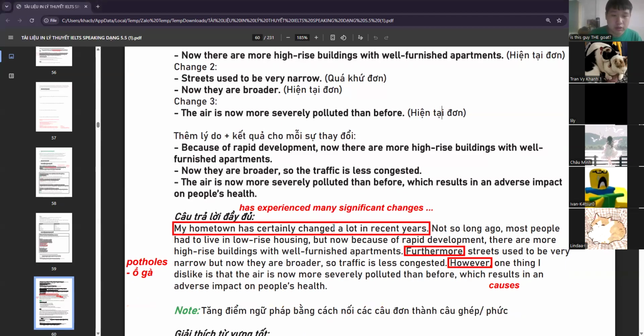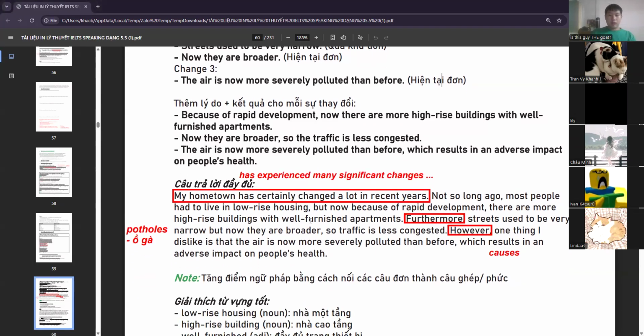Let's continue. So this is a sample answer. I've already given my sample answer, so this is my time to ask. Does anyone want to answer this question? Would anybody like to answer this question for me, please?